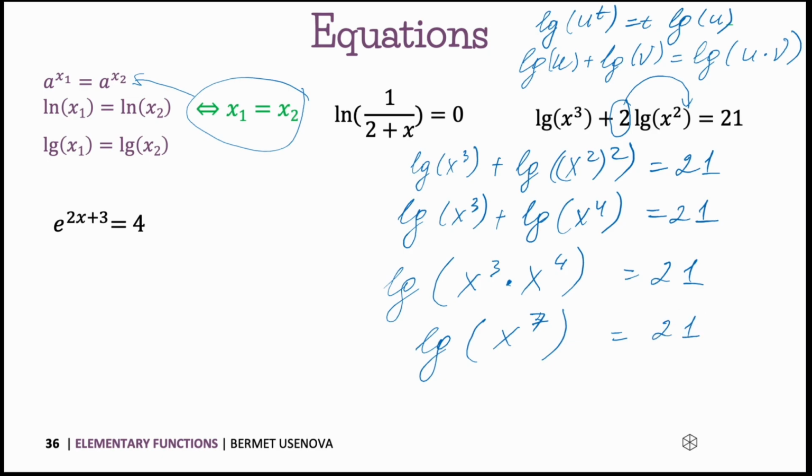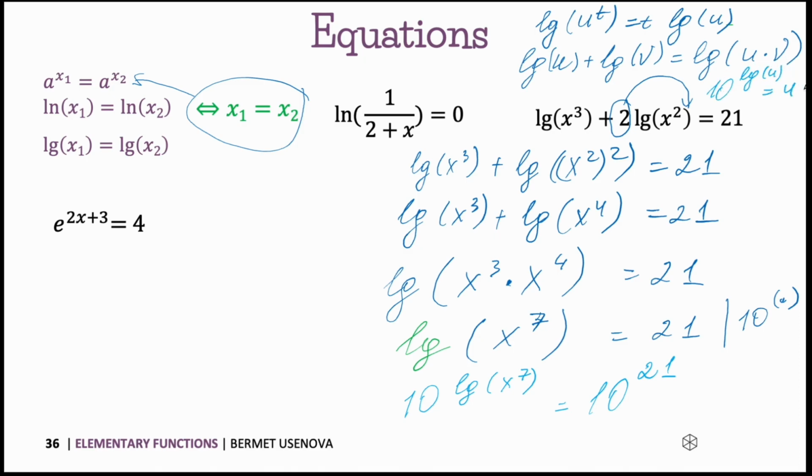Since the base of this logarithm is 10, we can put both sides to the exponent of 10. So it will look like the following: 10, and the logarithm will go to the exponent. And here as well, we put 10 to the power of 21. From here, by definition, it just equals x to the power of 7. So we will have x to the power of 7 equals 10 to the power of 21.